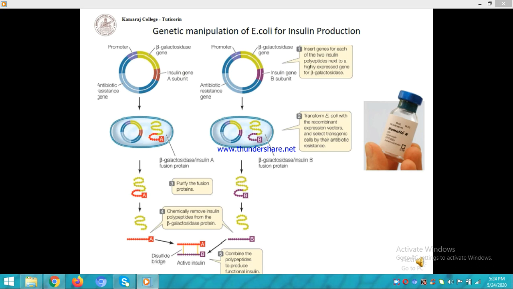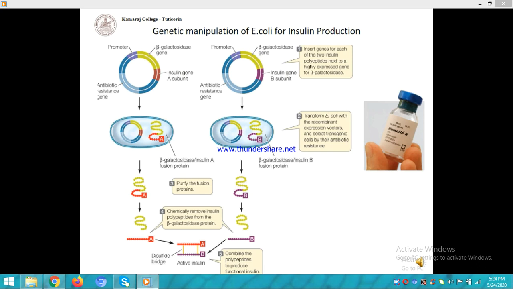Once the A chain and B chain are available, we can mix them together to make the active insulin. So this insulin, which contains insulin A and insulin B polypeptides, now becomes functional and ready to use for treatment.